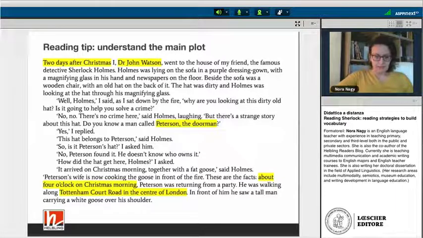And where did he find them? He found them on Tottenham Court Road in the center of London. All right. So these are just interesting questions to check the main plot because there is quite a lot happening in the story. So it's a good idea to keep track of all these main events.